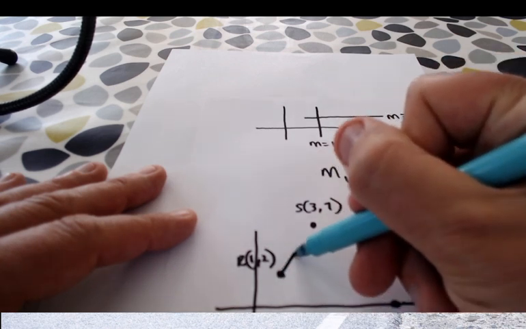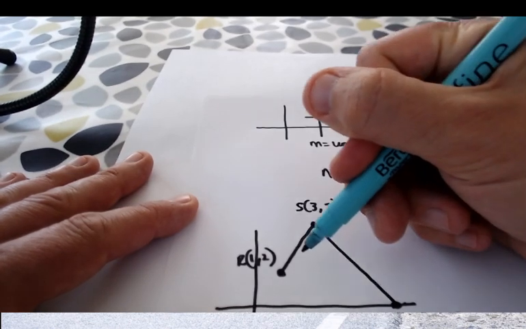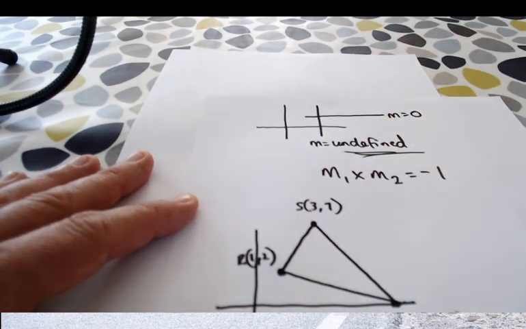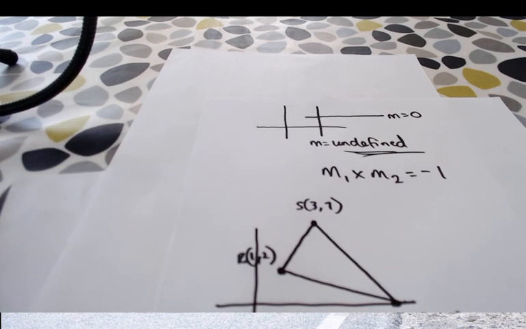And I'm going to join this up to make my triangle. Okay, now we are going to try and prove that this is right angled. That's what we're going to try and do.